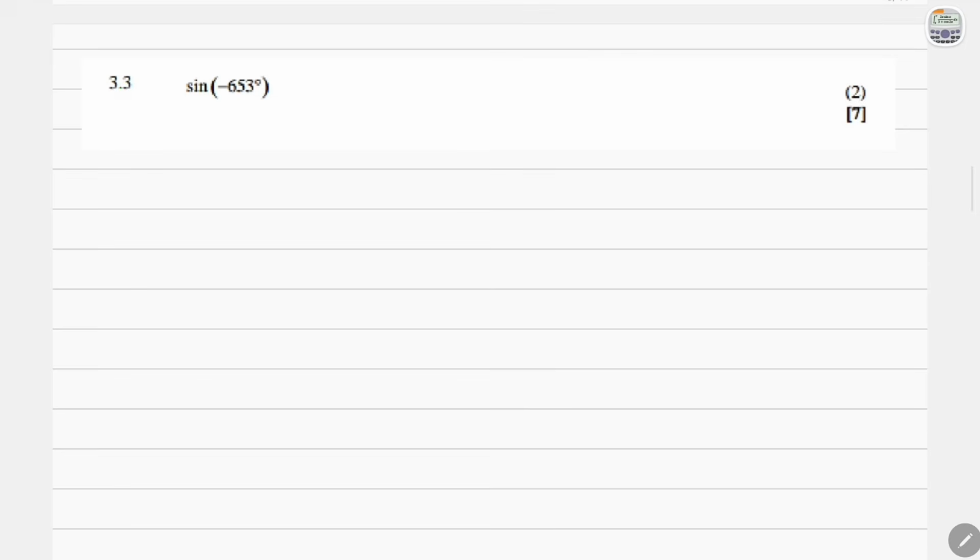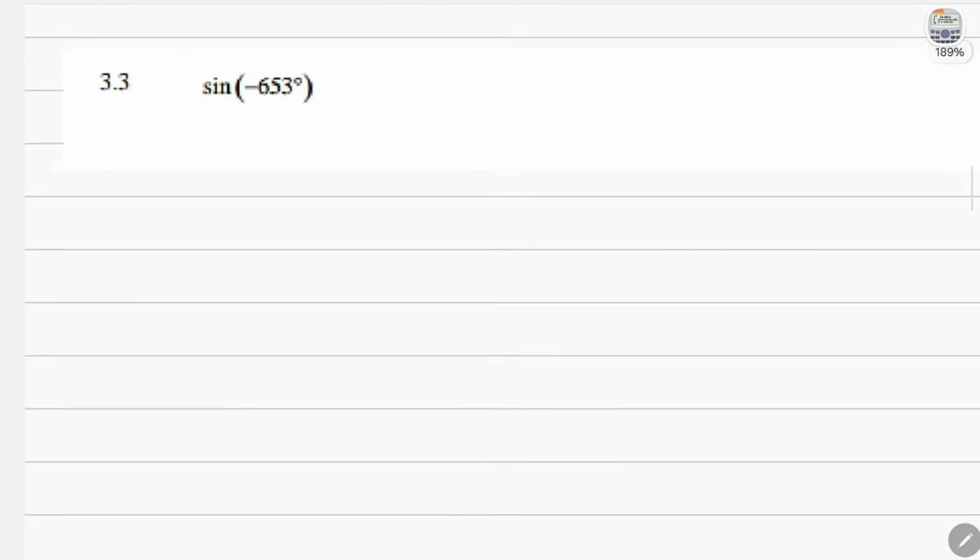Question 3.3 says we need to find the value of sine of negative 653 degrees. Whenever your angle is negative, all you need to do is add 360 degrees until it becomes positive, because it just has to do with the way it was measured.